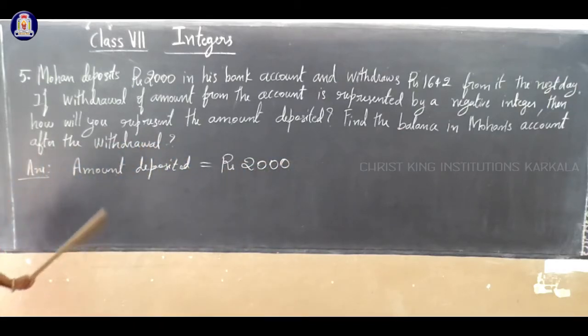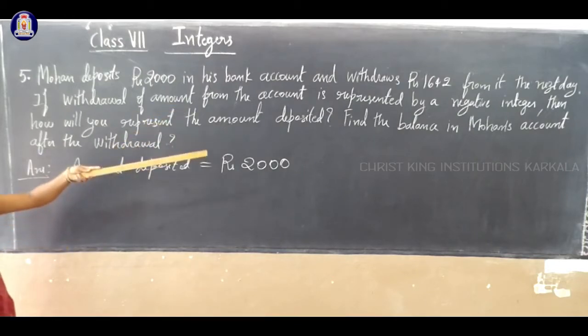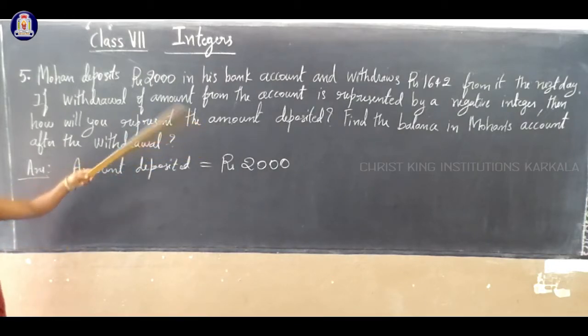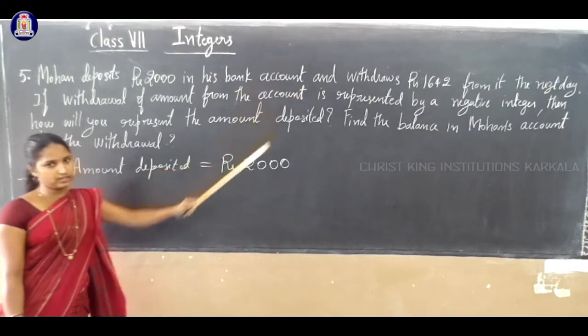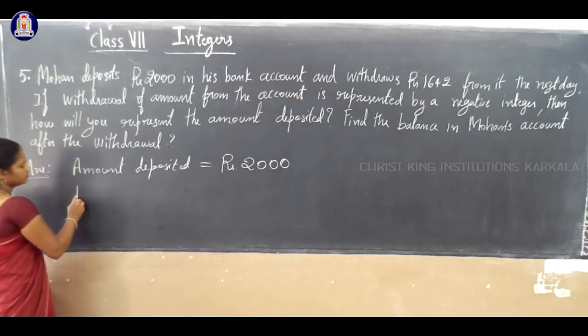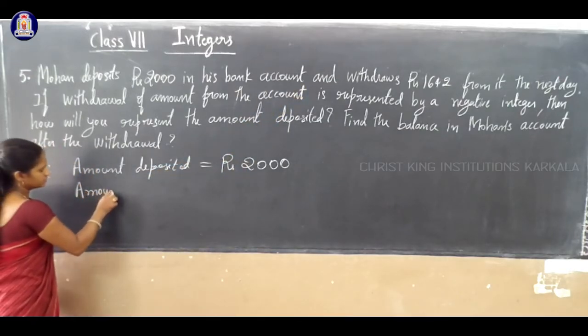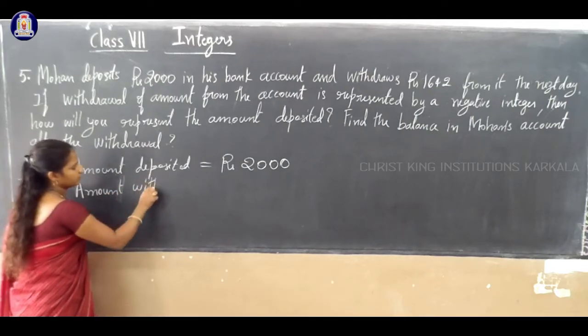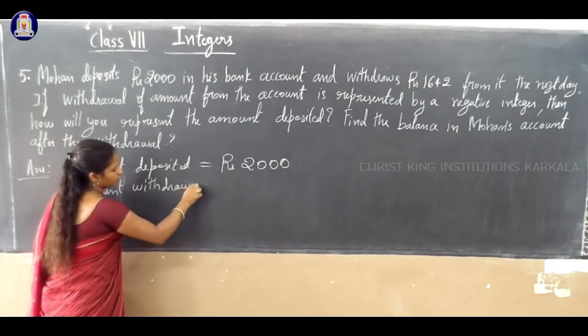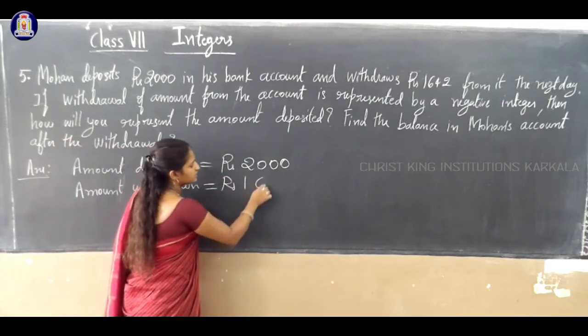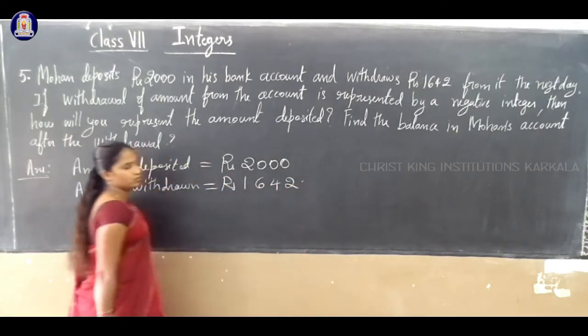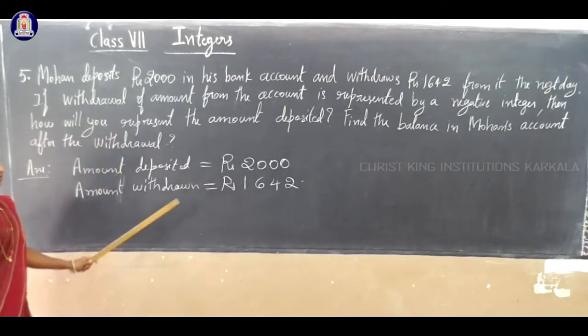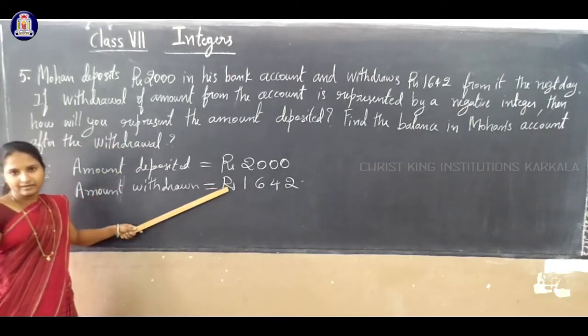In the next day, what happens? He withdraws rupees 1642. Clear? So amount withdrawn, how much? Rupees 1642. This will be represented by minus sign.